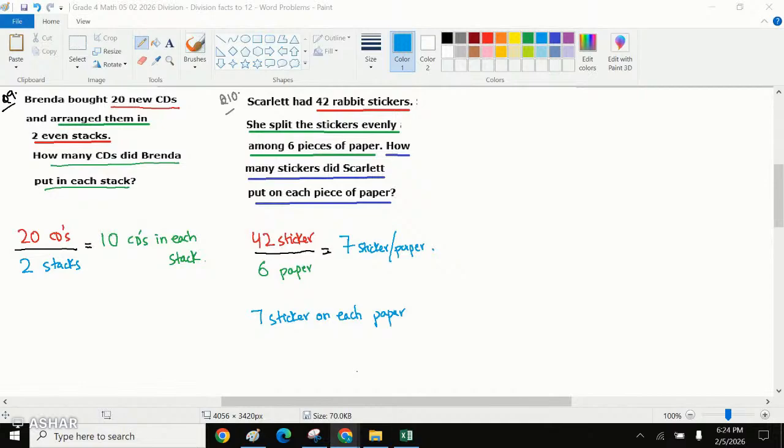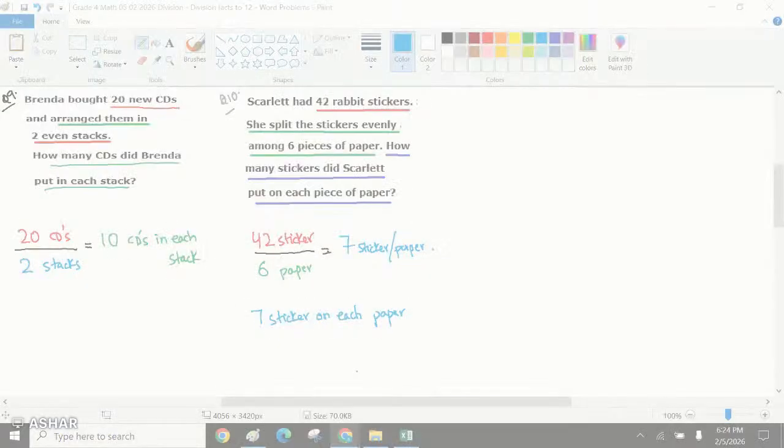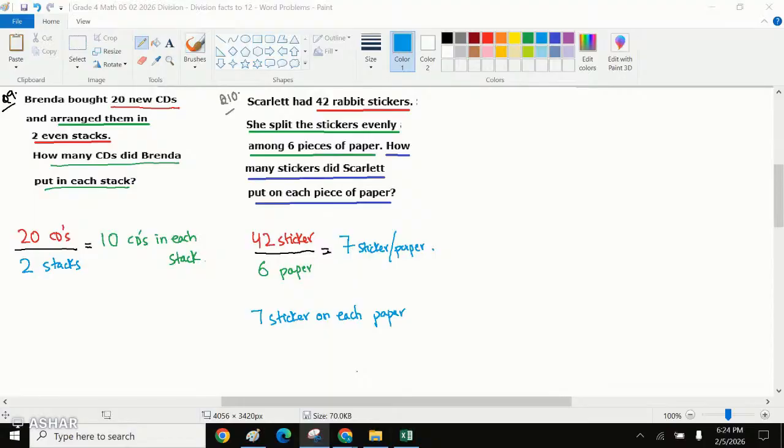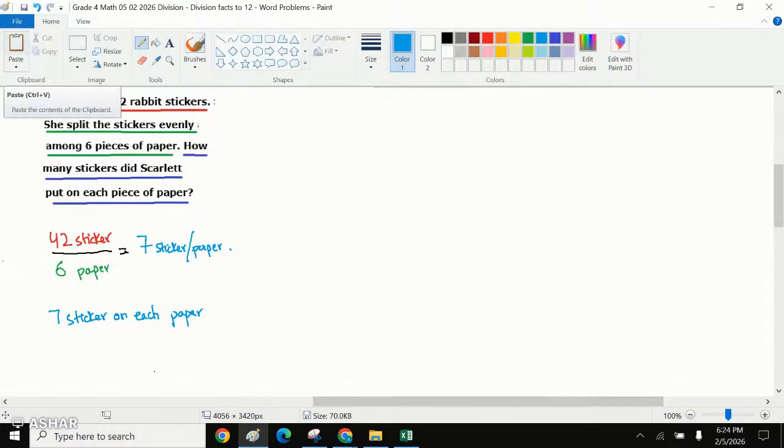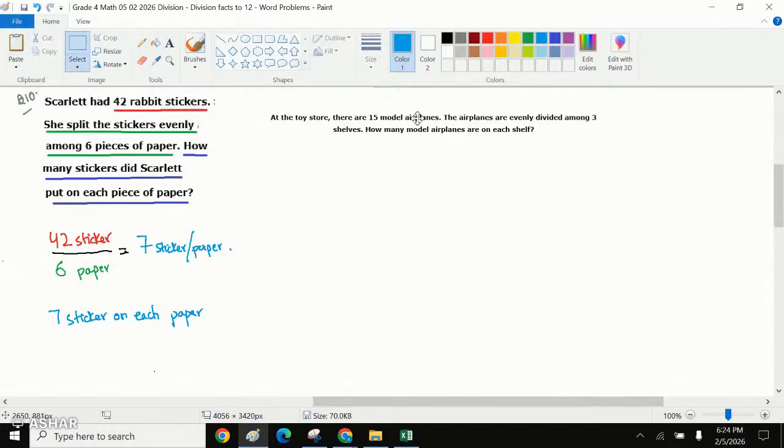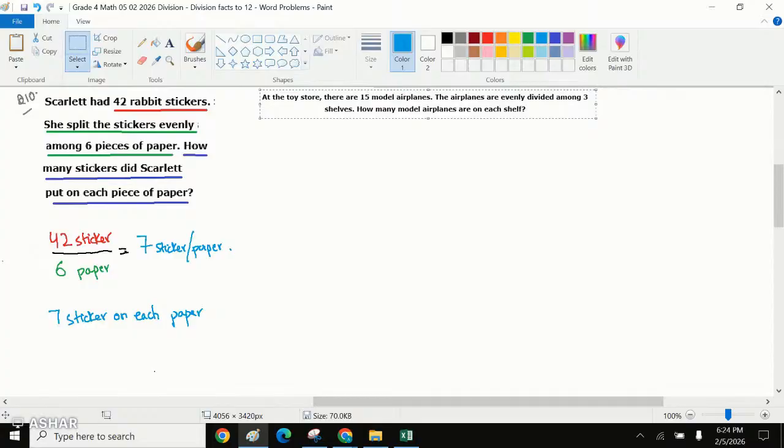Moving ahead, there's a toy store and they have 15 models of airplanes. Okay, airplanes or aeroplanes, same thing. So the next question we can say, there's a toy store and they have different models of planes with them.